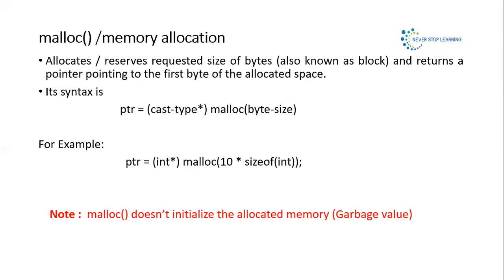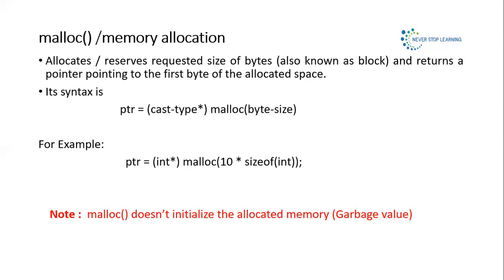So when the allocation is done, by default garbage value will be present in that block. If I write this syntax with 10, in that 40-byte block some garbage value will be present, and the first byte will be pointed to by ptr.